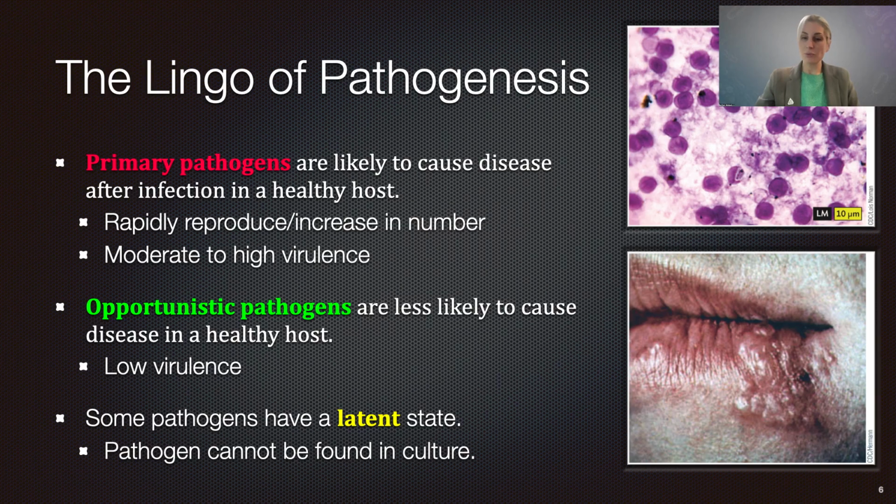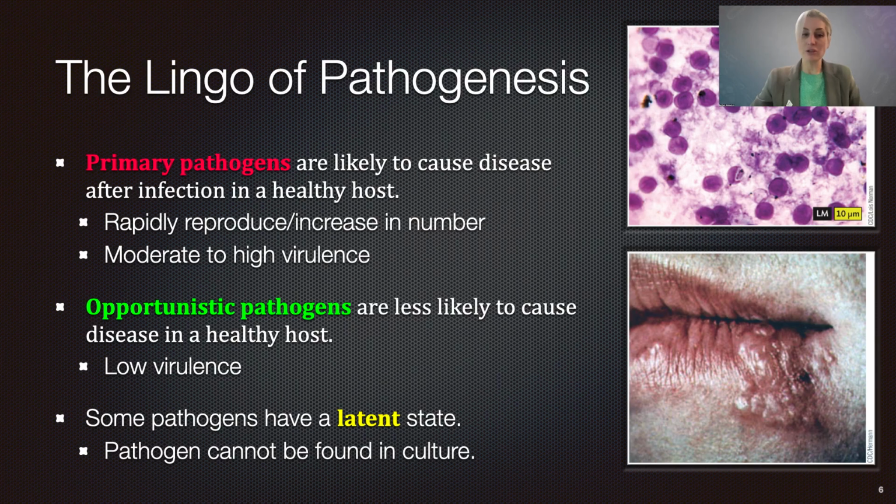So maybe someone with an immunodeficiency, this could be from lupus to HIV, or it could be someone's age, very young or very old, that makes them at risk to disease. Looking at the virulence of these pathogens, we see that primary pathogens have high virulence, meaning they're very, very strong. Opportunistic pathogens that affect people with compromised immune systems are going to have a lowered virulence.